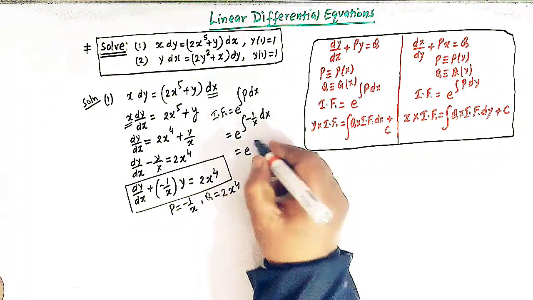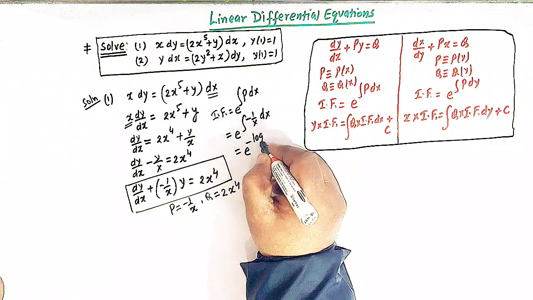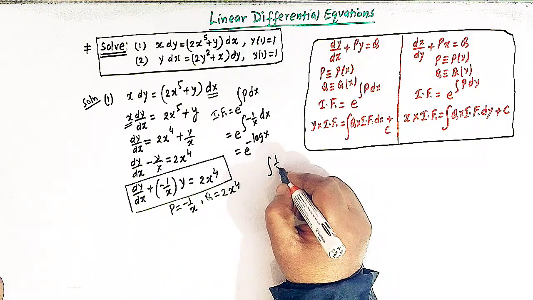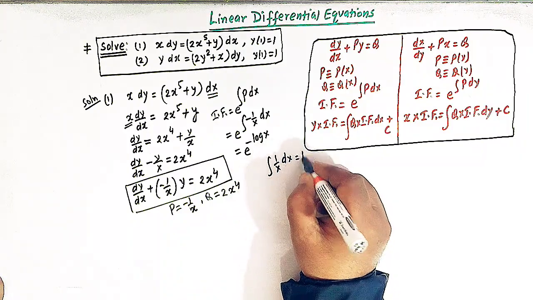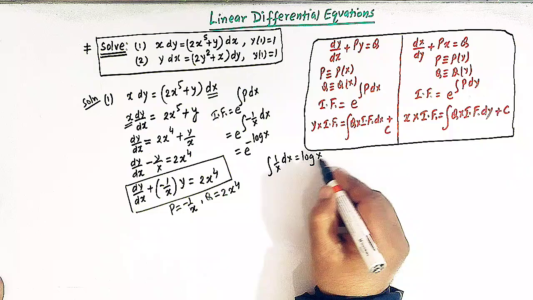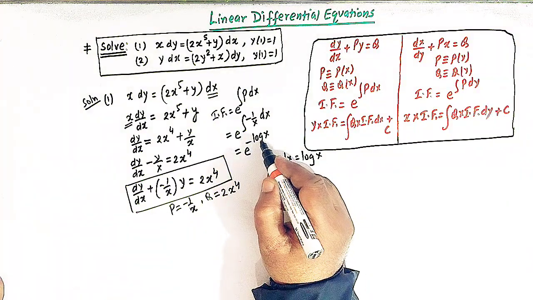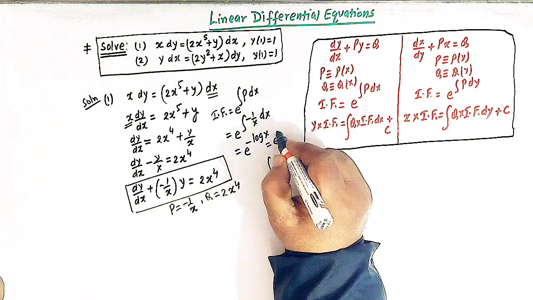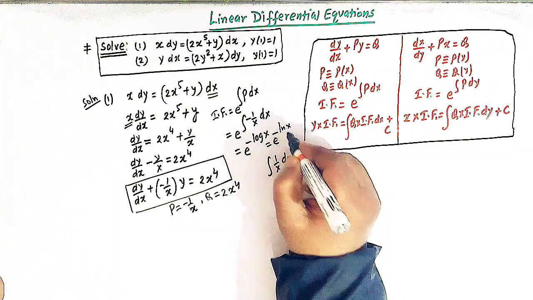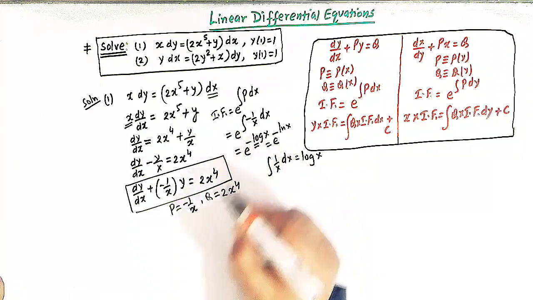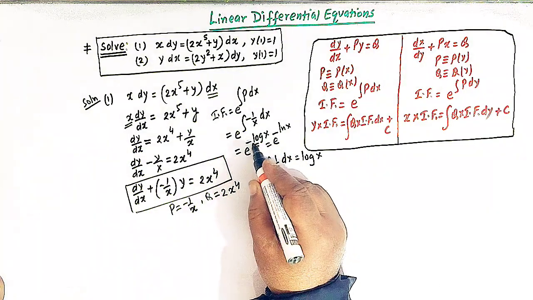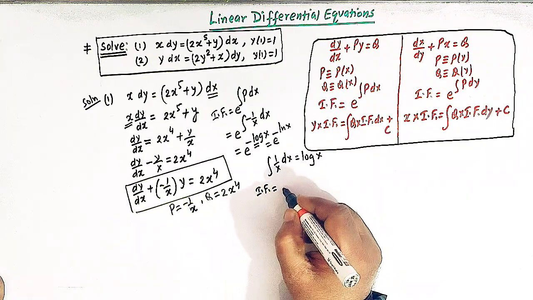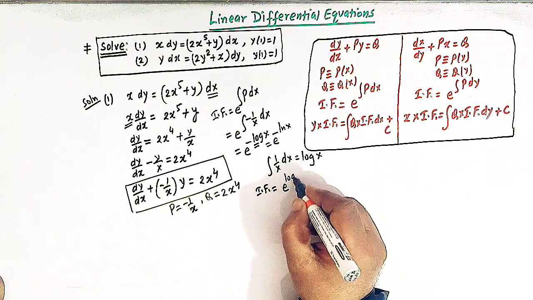So this is e raised to negative of log x, because the integral of 1 over x dx is log of x, the natural log of x. We can also use the notation e raised to negative ln x, but we'll prefer this one.